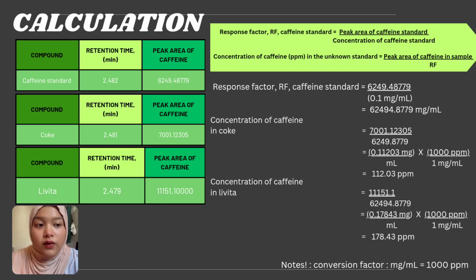The concentration of caffeine in Coke is 112.13 ppm. The concentration of caffeine in Levita is 178.43 ppm, where the conversion factor is 1 mg/ml equal to 1000 ppm.